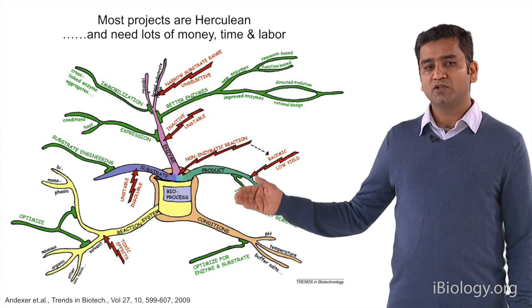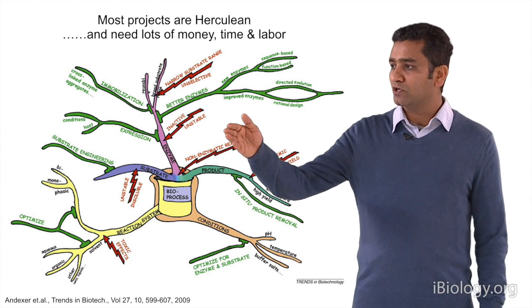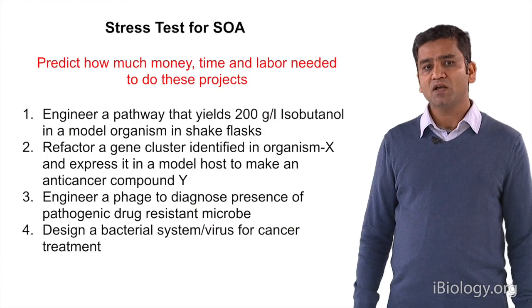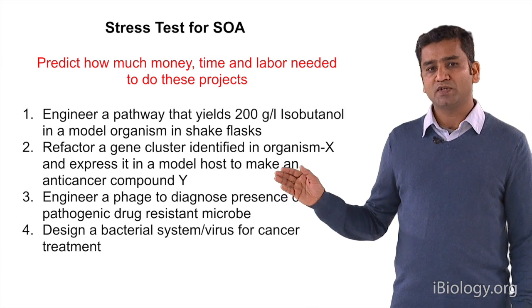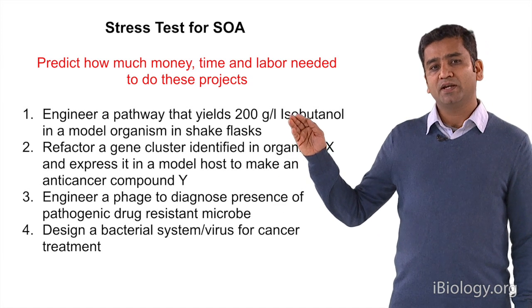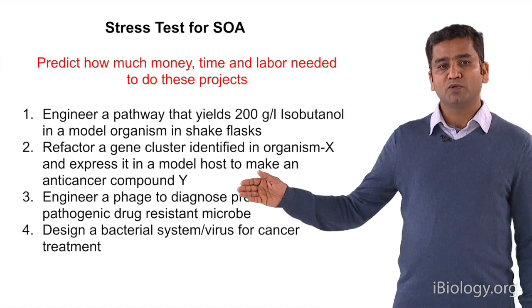So there's a multifactorial problem we need to overcome, and gene expression is one of the simple challenges involved in this process. If we give you a simple test to solve with the state-of-the-art methodology we have today, take your time to calculate how much money, time, and labor is needed for all of these simple projects.